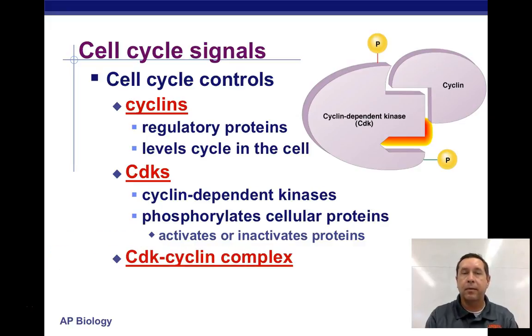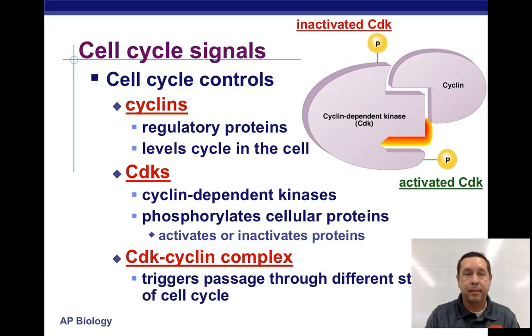So when the cell has done all the things it needs to do to move on to the next steps, the cyclins build up. The cyclins combine with the CDKs to form the CDK-cyclin complex, and they activate the CDK. And this triggers the movement of the cell through the various stages of the cell cycle.